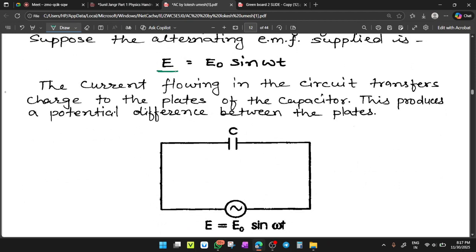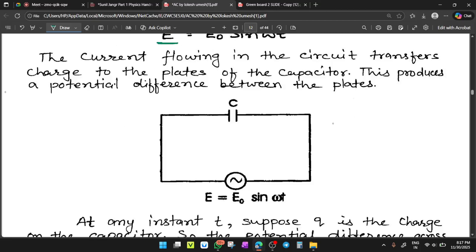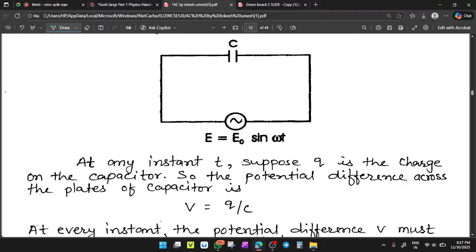This is a time varying EMF applied across a capacitor. Suppose the current flowing in the circuit transfers charge to the plates of the capacitor. This produces a potential difference between the plates. At any instant, suppose Q is the charge on the capacitor, so the potential difference across the capacitor is V equal to Q by C.